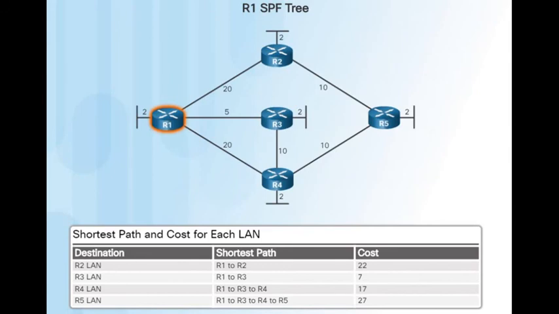It depends on the accumulated cost in choosing the best possible path whenever you have multiple paths. Of course, when you only have one single path, say to reach R2, it is obvious you have this line from R1 to R2.